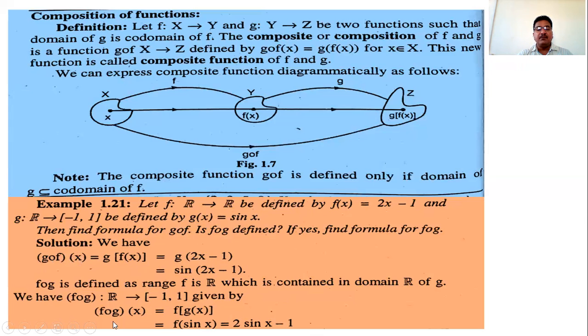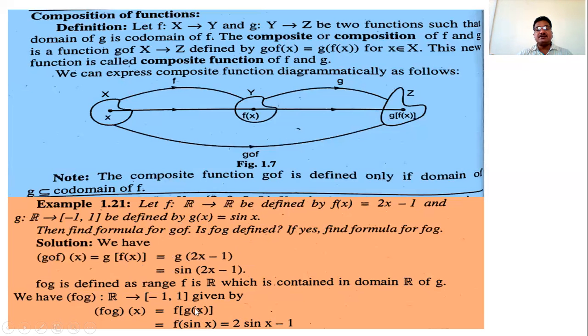And then the formula for f circle g. Here is the question: is f circle g defined? So yes, f circle g is defined, because the domain of the function f is a subset of the codomain of g. And the formula for (f circle g)(x) is f of g(x).